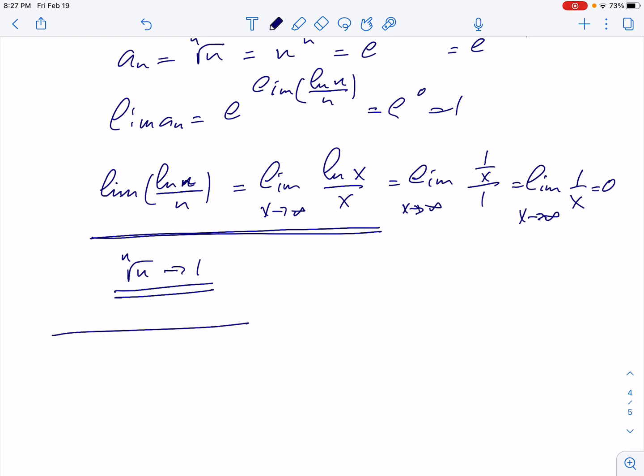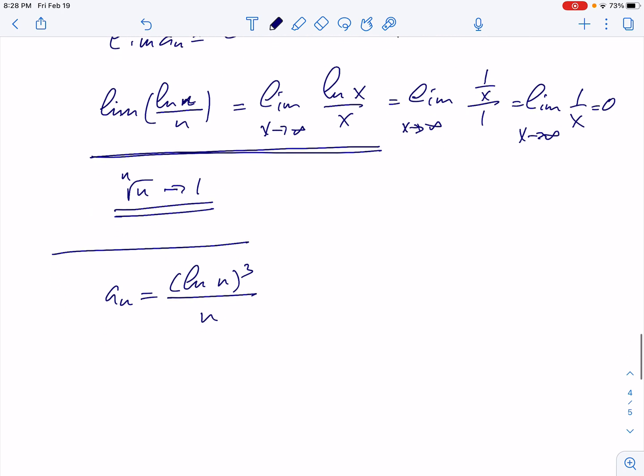Now, the last example for today. I want to show the sequence a sub n is natural log of n, to the third power, over n. When we talked about the rule of L'Hopital, I mentioned that x grows to infinity faster than logarithm x. And here we have a situation where we can use L'Hopital again and confirm this fact.